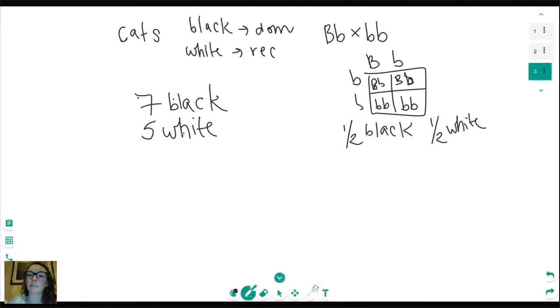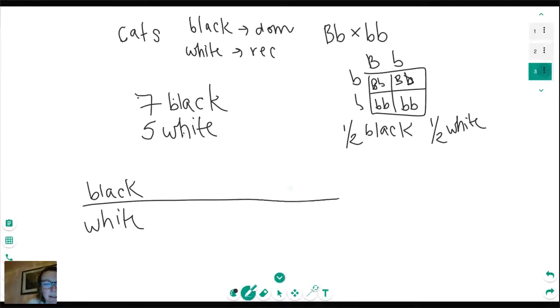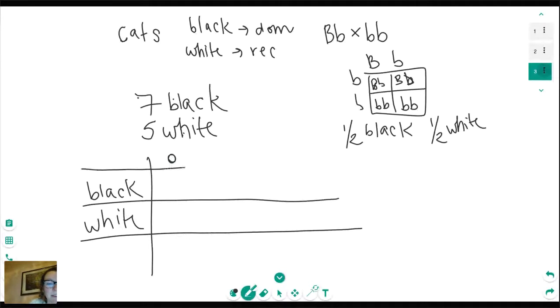And this table would be given to you, but you're going to have a chi-square table, okay, that's going to ask you, so you're going to have your phenotypes, black and white, okay. You're going to have your observed. So I'm going to put O for observed. That's what we actually see.